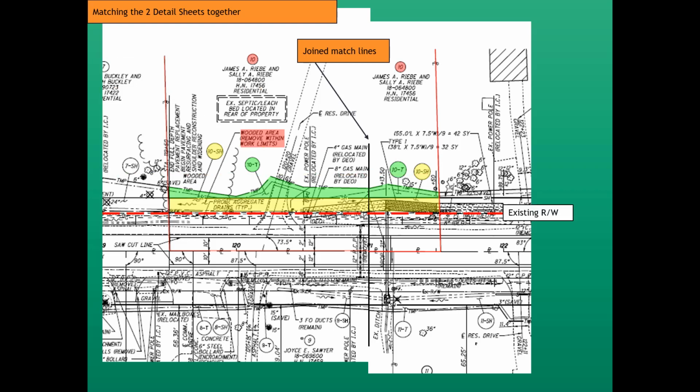All right, the existing right-of-way line is shown as a dashed red line. The SH taking is shown in yellow, and the temporary construction easement taking is behind the SH, shown in green. The existing edge of pavement is shown by a solid blue line on both sides of the property.